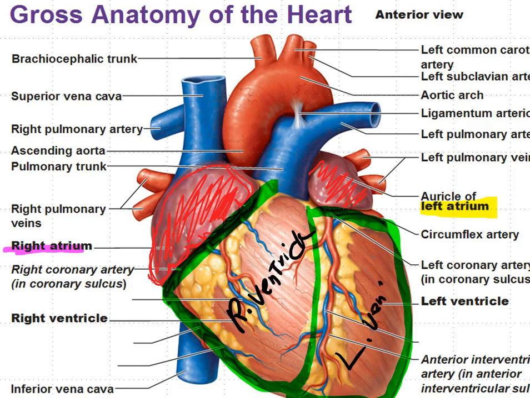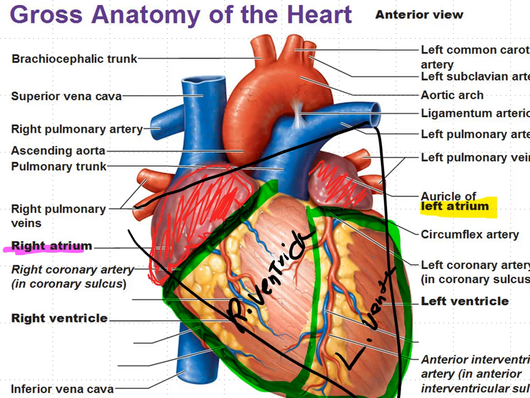So here we have the auricle of the right atrium, auricle of the left atrium, right ventricle, and left ventricle. We can say that the heart is like a triangle that has a base on top and an apex at the bottom.